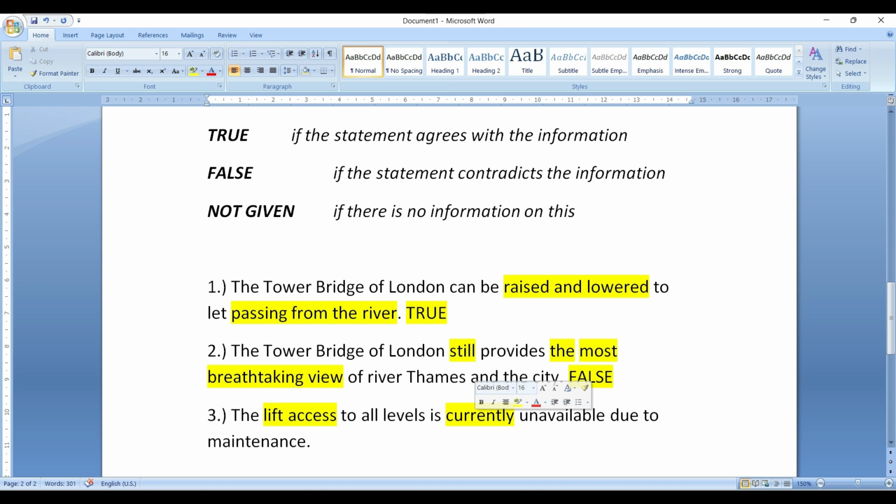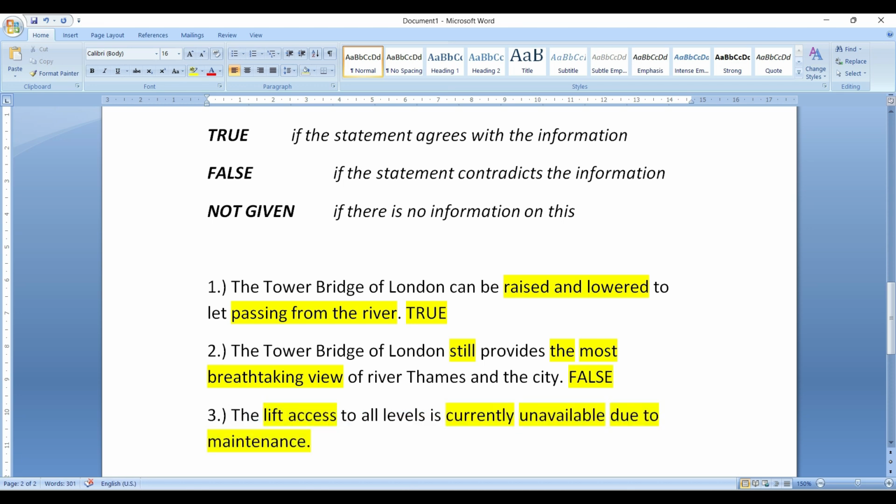We'll have to see, so pay attention to currently. Currently unavailable, okay, what is it? Unavailable, we have to know. And due to maintenance, again, another thing you need to pay attention to, because the lift access might as well be unavailable currently, but for another reason and not due to maintenance. You have to pay attention to the whole sentence to make sense.